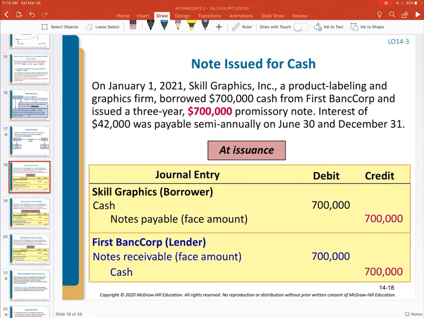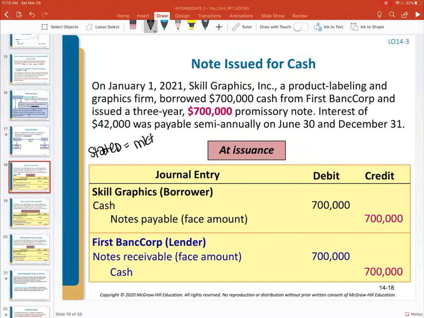As we discussed in the previous videos, if the stated rate is equal to the market rate, then that bond would be issued at its face amount. That's what we're always going to see when we're talking about these long-term notes.